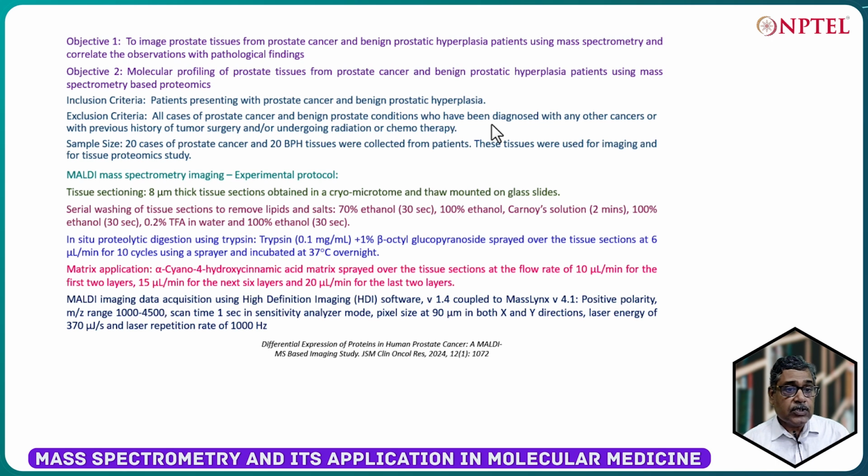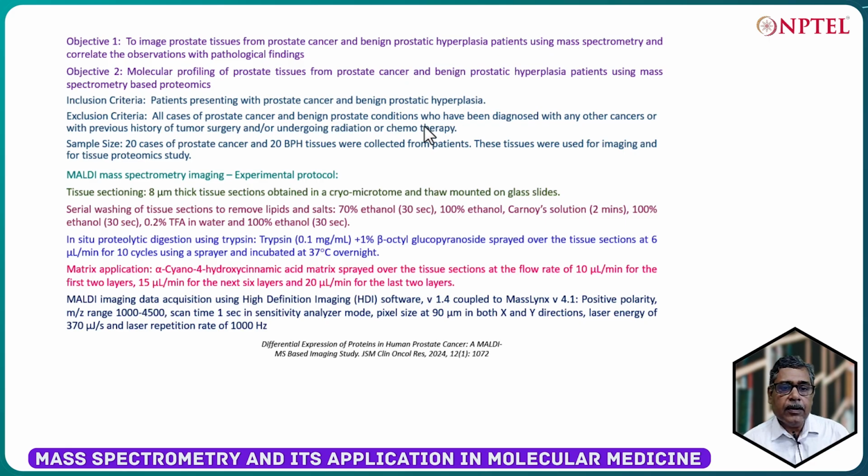Sample size is about 20 prostate cancer and 20 BPH tissues collected from patients, and these tissues should be used for imaging and tissue proteomics study as well.